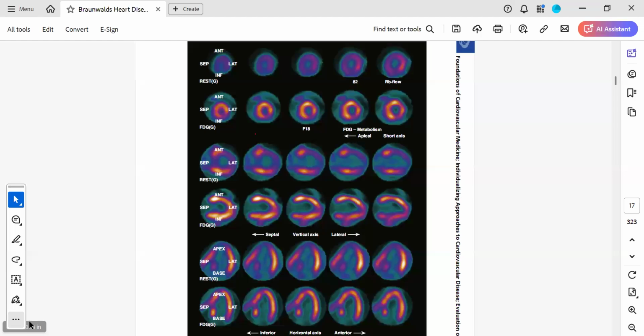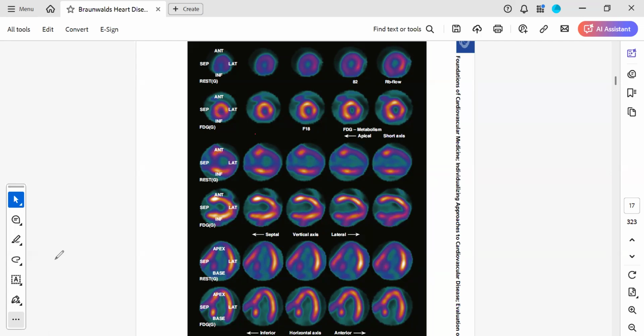Although getting to the last two, it shows that it is coming up gradually, and it's the lateral part that is coming up compared to the septal, the anterior, and the inferior. But by the time we match it with when the FDG is given, we realize that there is uptake of this metabolism tracer as compared to the uptake when we are considering the flow tracer.